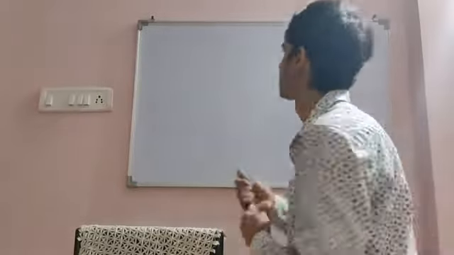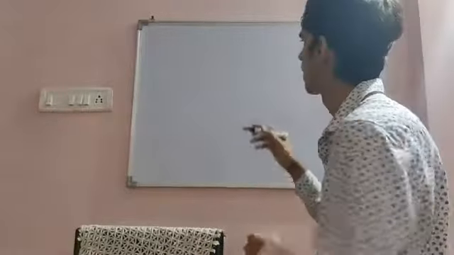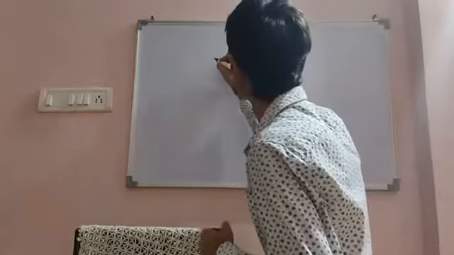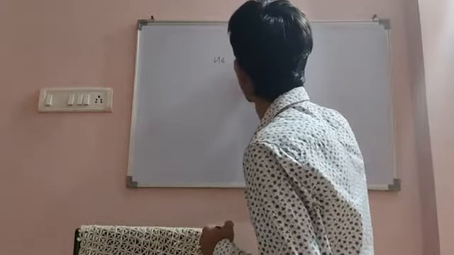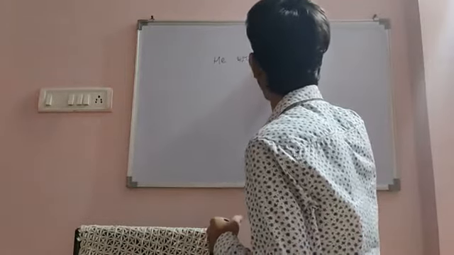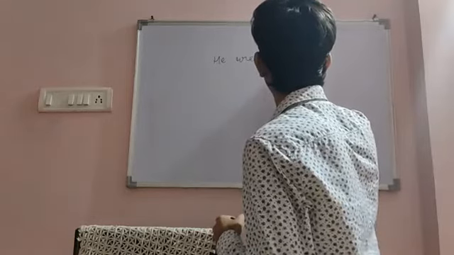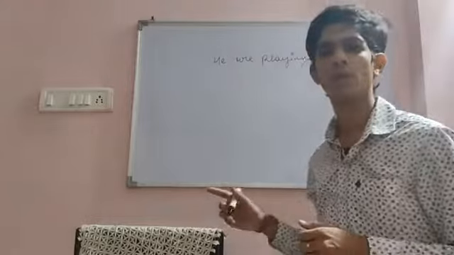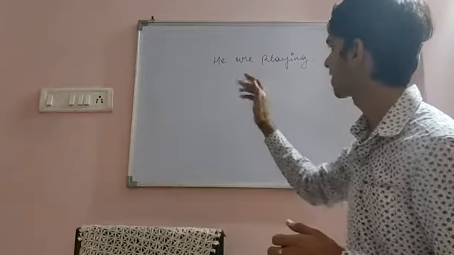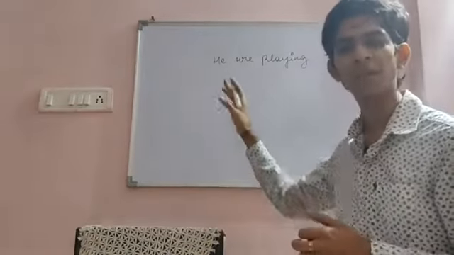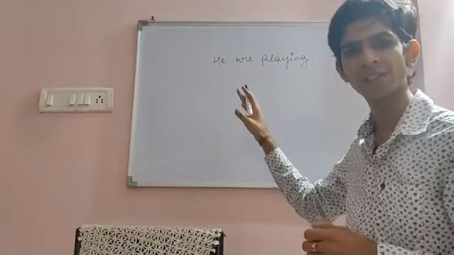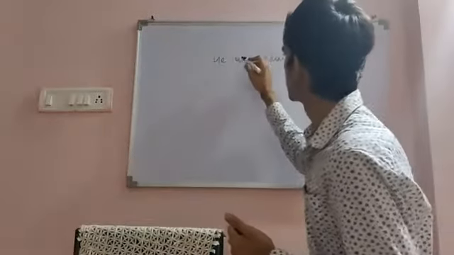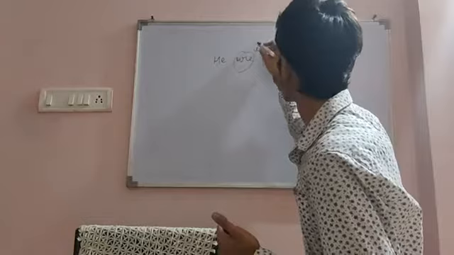Now I'll give you examples and then you can easily understand exactly what we mean by subject-verb agreement. See, suppose I say, "He are playing." Just tell me, is this sentence correct? No, "He is playing."